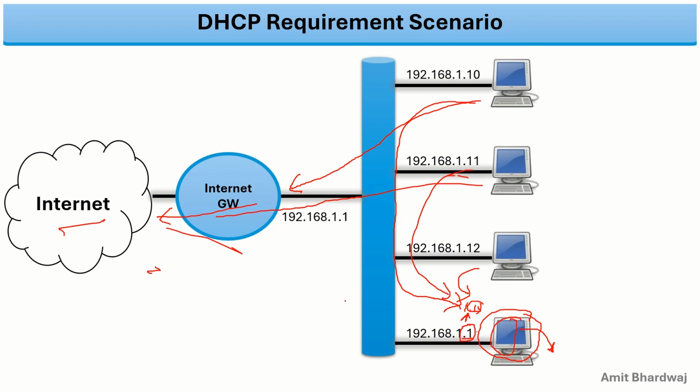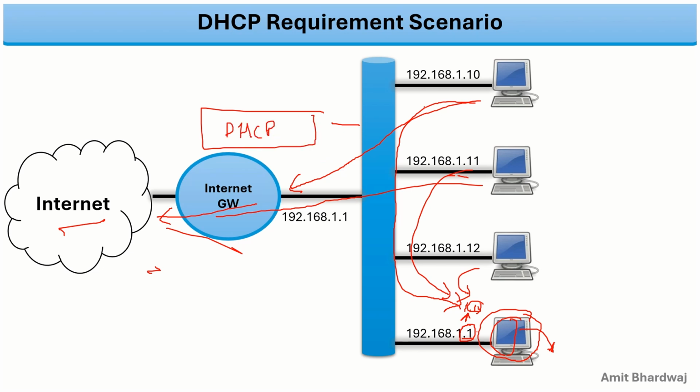In fact, there may be some CXO level people, director level, in the office. Every leader will be experiencing a downtime, and that is where it becomes essential that we have a DHCP server installed here.